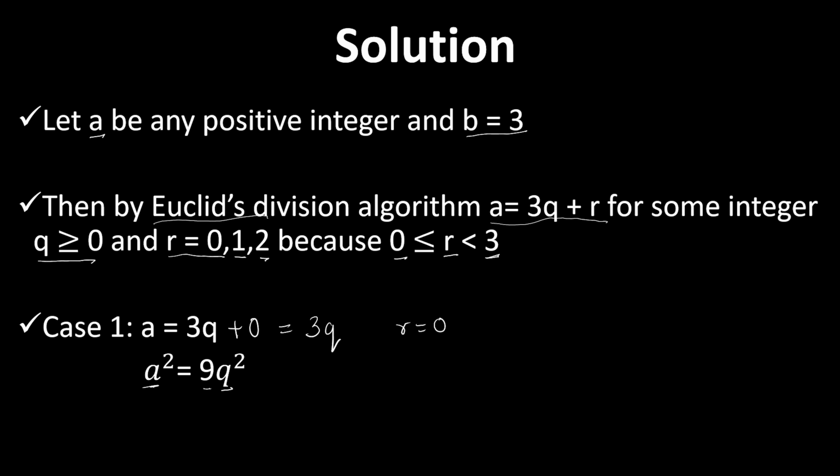Now from this we can take 3 common and write it as 3 times 3q square, which can also be written as 3 times m, where m is some integer. So now we are left with two cases, when remainder is equal to 1 and remainder is equal to 2.